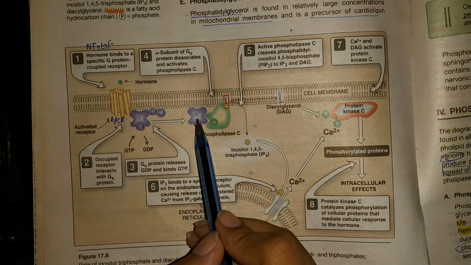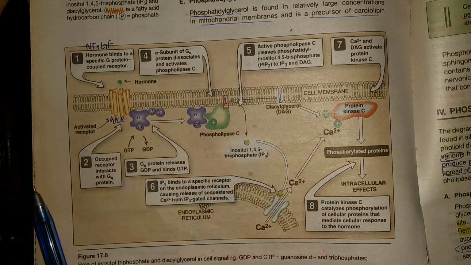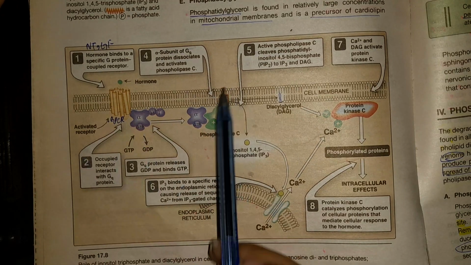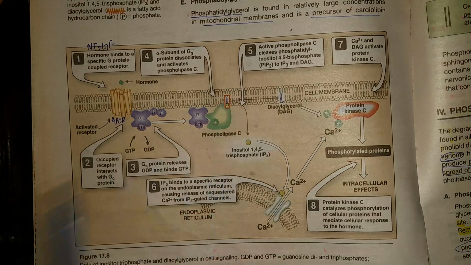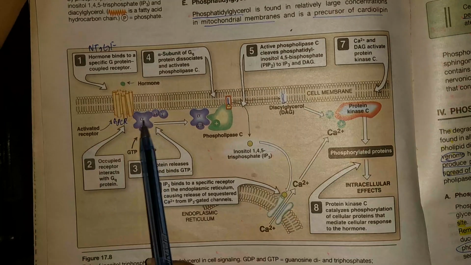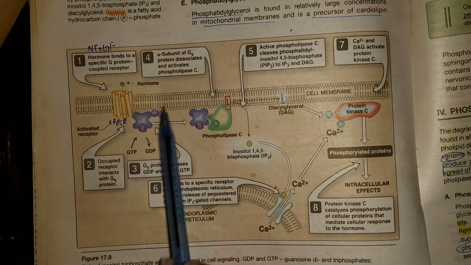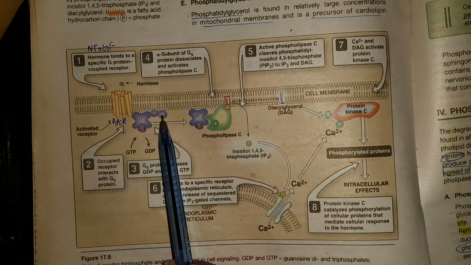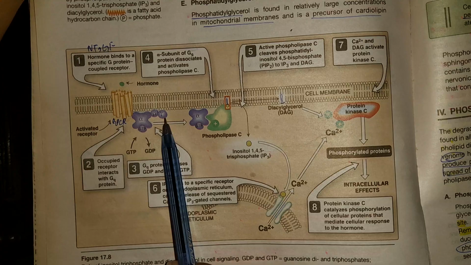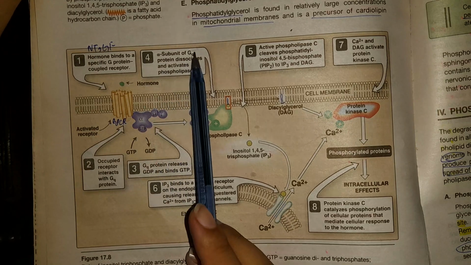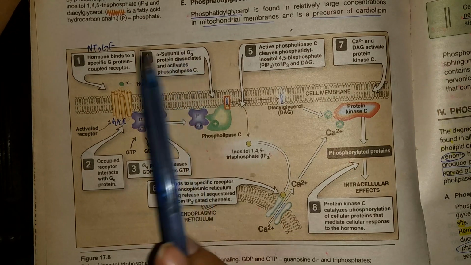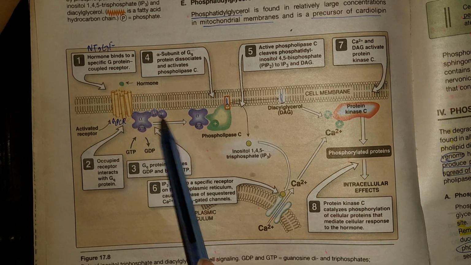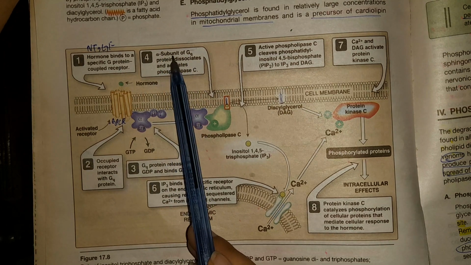Now this activated receptor binds to phospholipase C. This whole compound is known as a Gq protein, and this Gq protein has beta and gamma attached to it, which are actually its inhibiting factors. Whenever the Gq protein dissociates from the beta and gamma, it becomes only the alpha subunit.